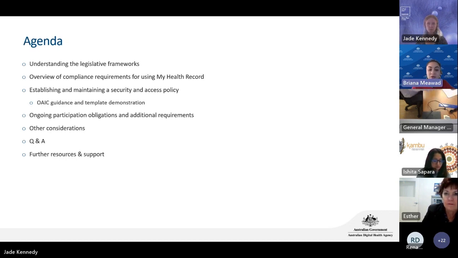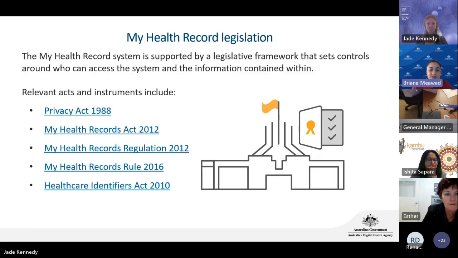Then ongoing participation obligations and additional requirements for using the system. And then we're going to touch on some other considerations around how this might apply to some other digital health tools that you may be using in your organisations, and some time for Q&A at the end as well. So I'll hand over now to Jade Kennedy, who's going to take us through an overview of the legislation.